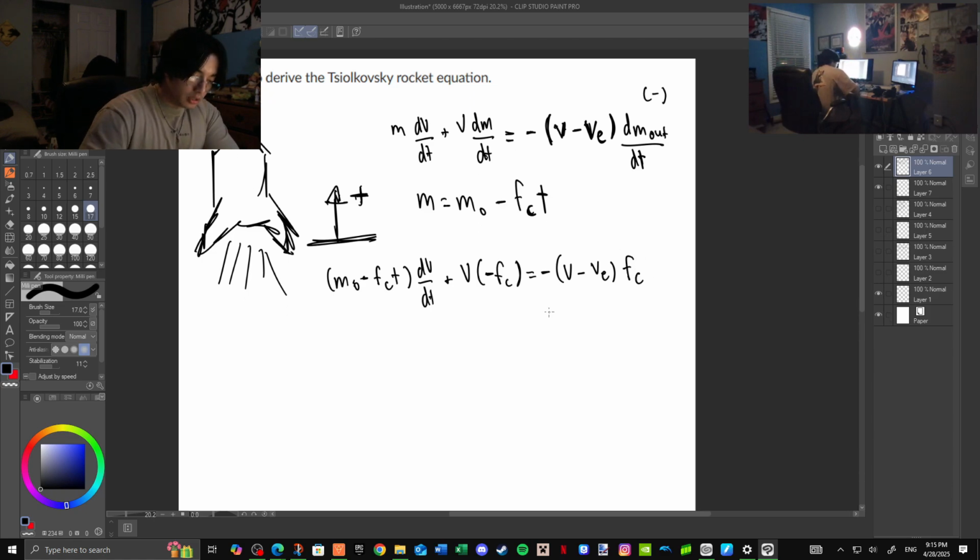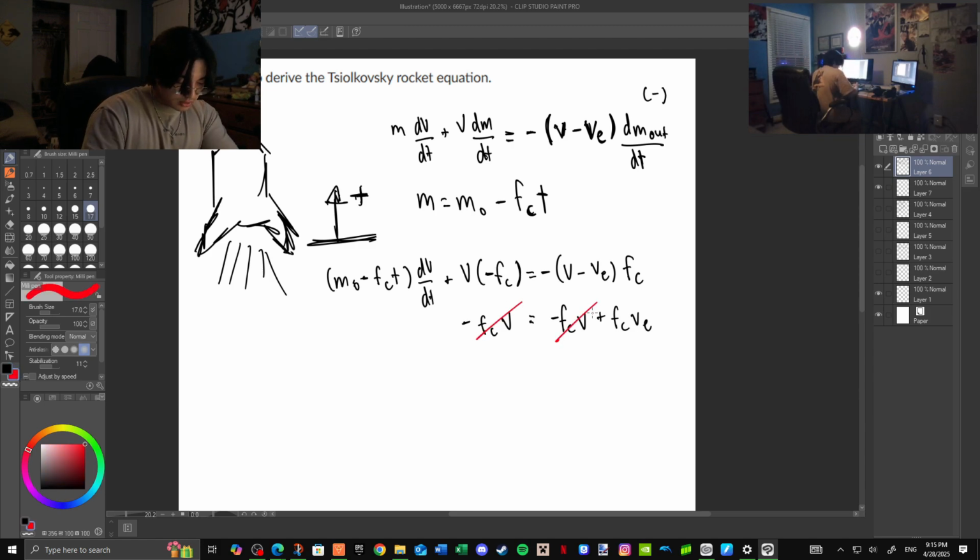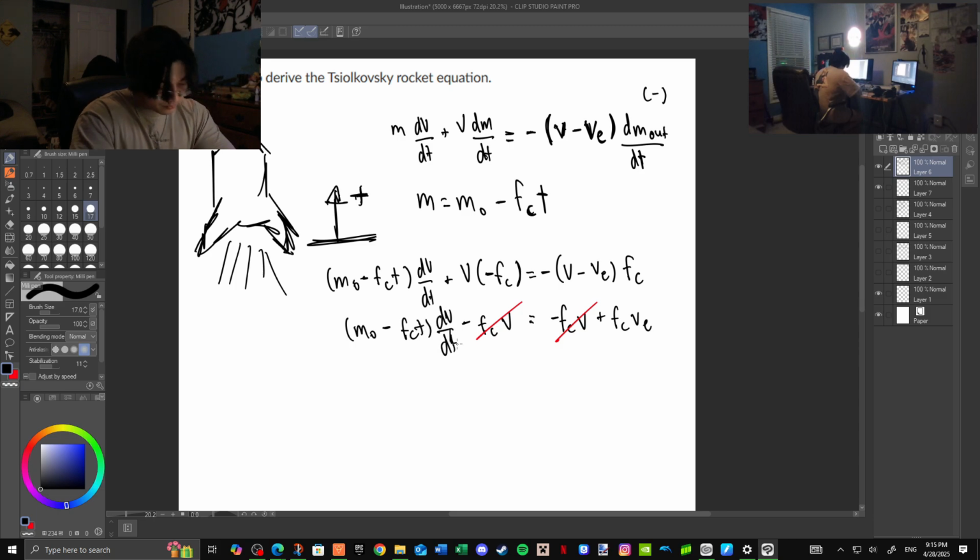And so we can simplify this side right here. We get negative fcv plus fcve, right? And then you also notice that negative fcv is also on this side, so that means we can actually cancel these out. And on this side, all we're left with is m naught minus fct dv dt.